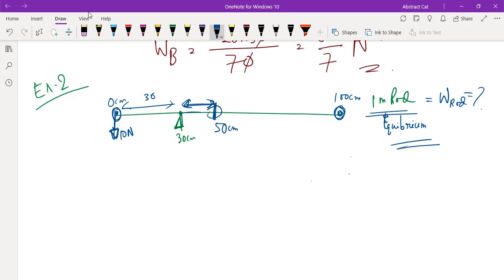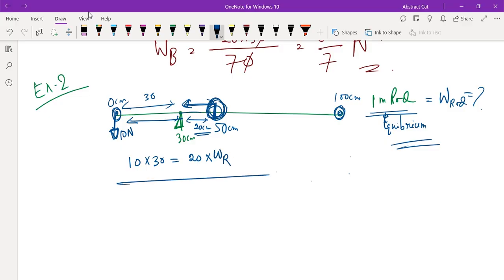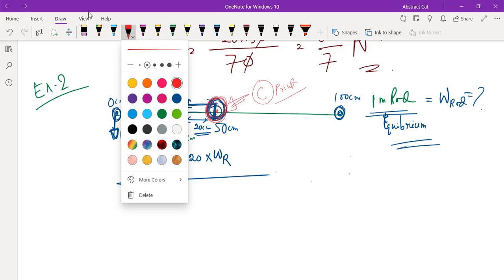The weight of the rod acts at the middle of the rod, which is the 50 centimeter mark. So the gap here is 20 centimeter, and on the other side it is 30 centimeter. The weight of the rod is balanced here. So 10 times 30 equals 20 times the weight of the rod. Always an important thing: the weight of the rod always acts at the center point.